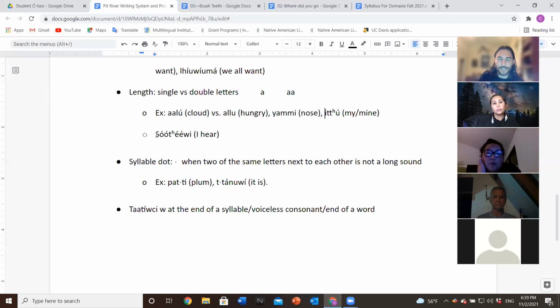And then next we have Sohtewi. Louise, Sohtewi. One more time.